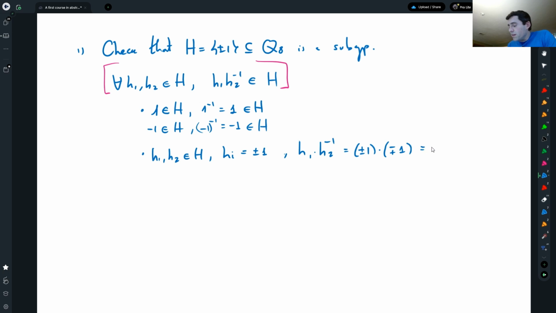So this will be some plus or minus 1, which will be in H, and therefore H is a subgroup. Now let's check. We want to know whether H is normal. So let's find all the cosets of H in Q8.